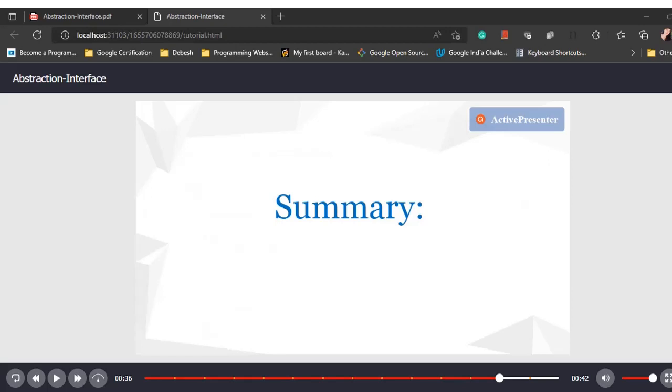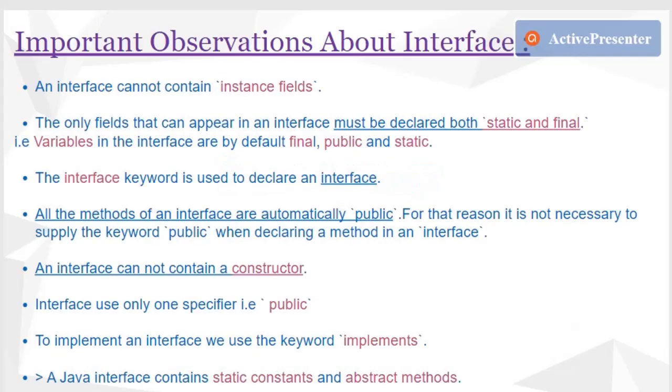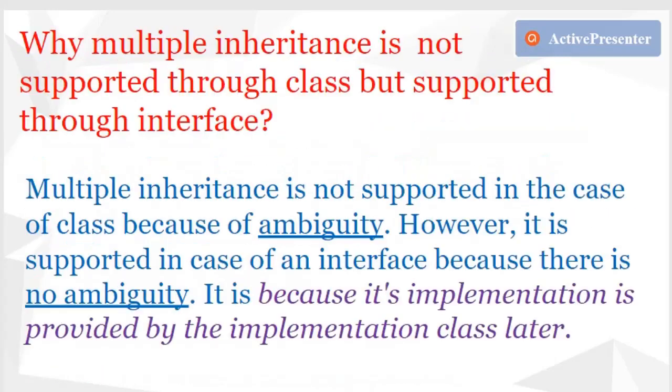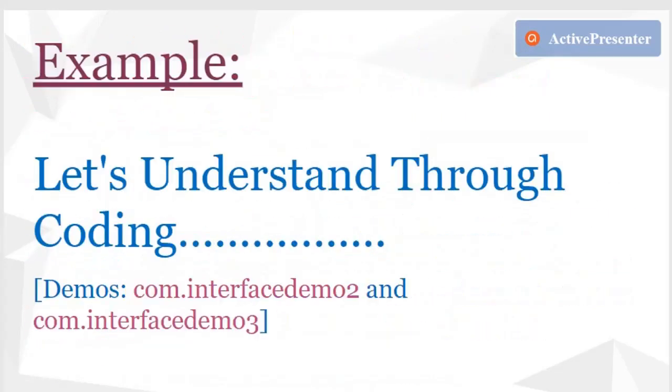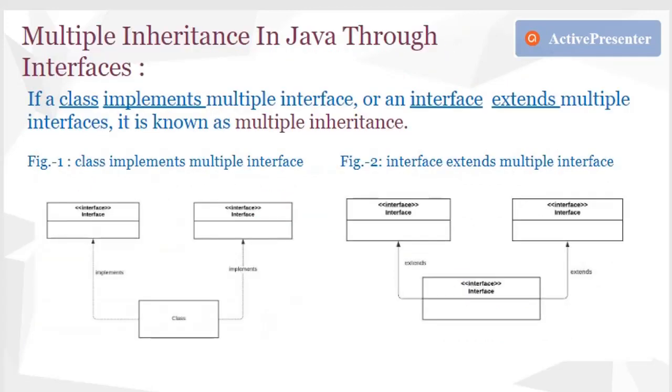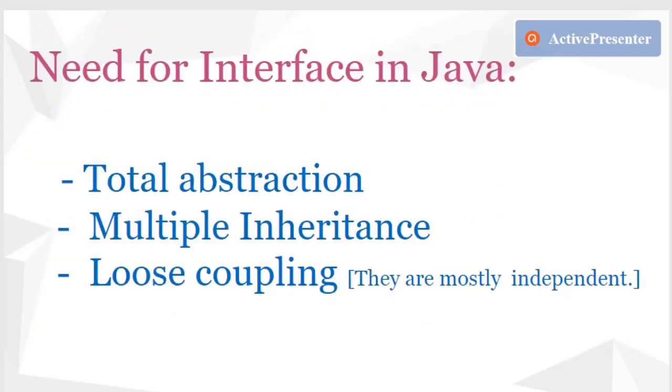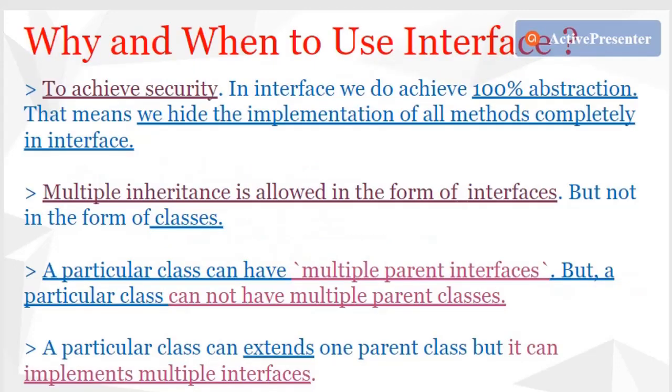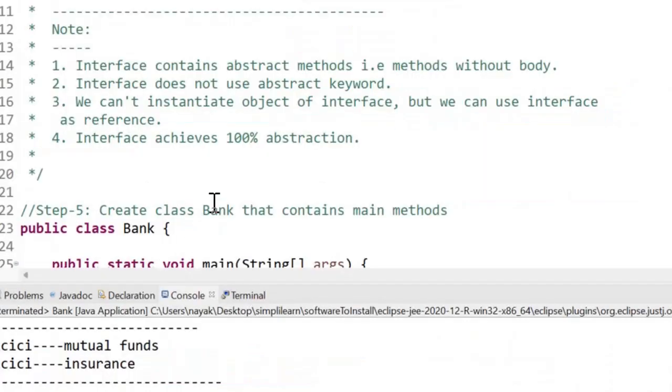So we understood the concept of abstraction, an overview of interfaces, understood through coding an example, the need for interface in Java, and why and when to use an interface. An interface contains abstract methods, that is, methods without body.